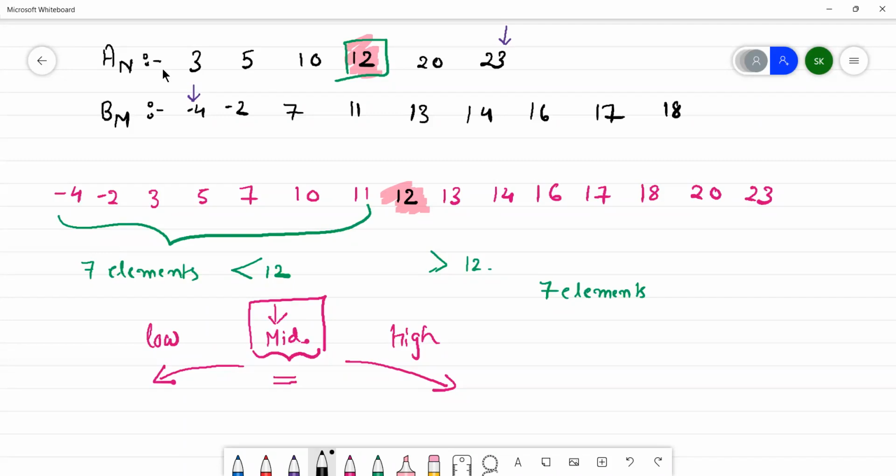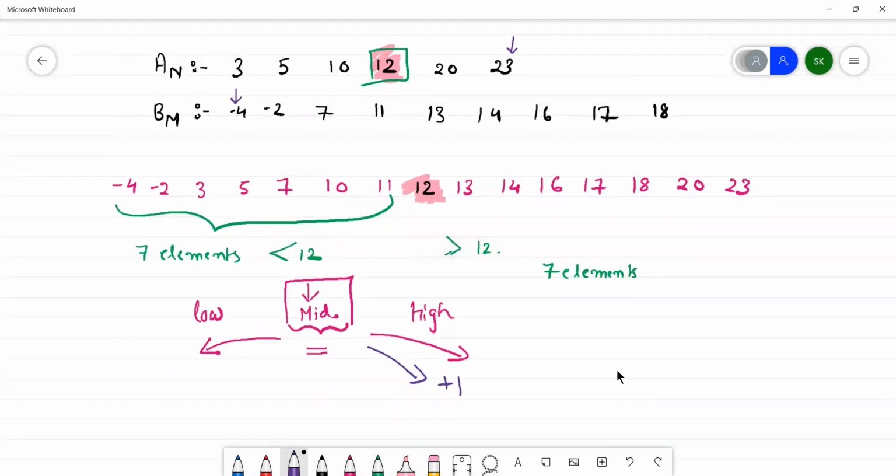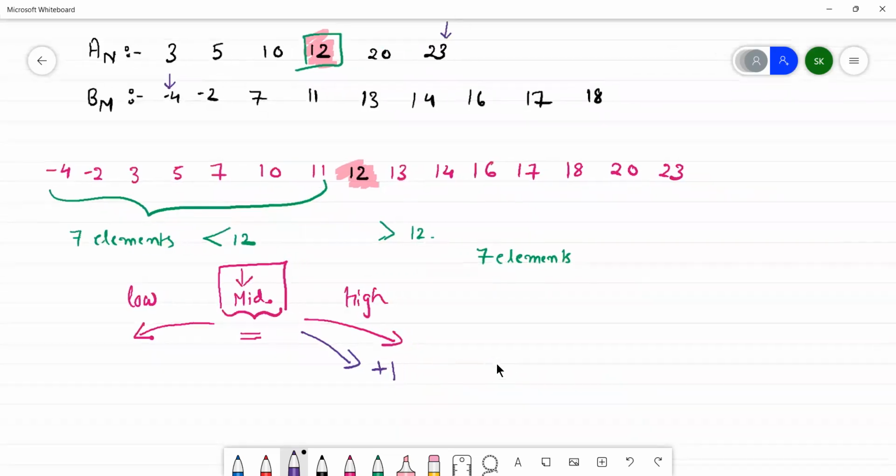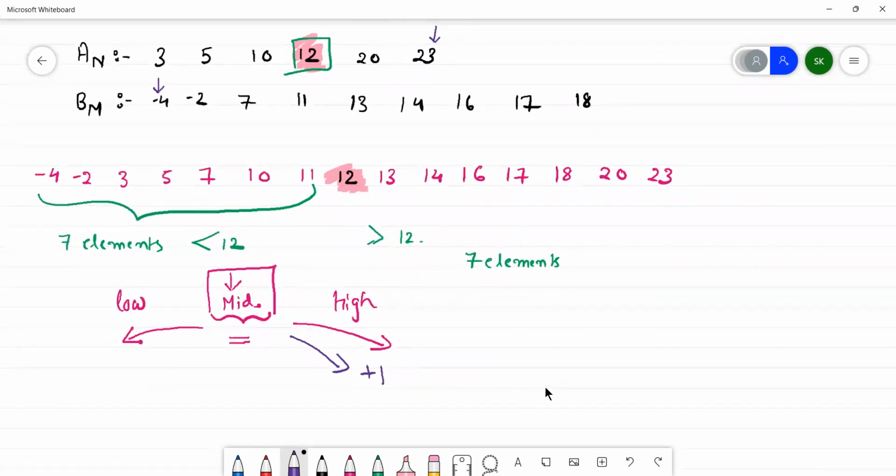In that particular case, you can check if the number of elements greater than mid is one more than the number of elements lower than mid. That can be your answer. We can modify it, but I'm just asking whether whatever I'm saying right now is an approachable solution. Can we move in that direction? Will it work? Yeah, it will work.